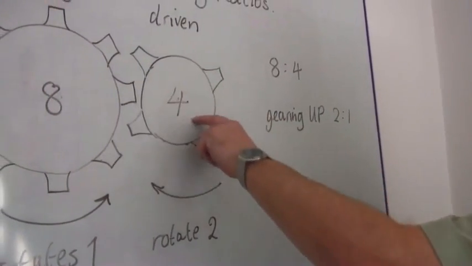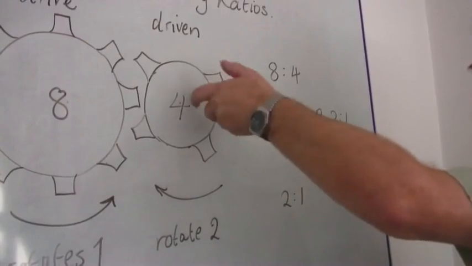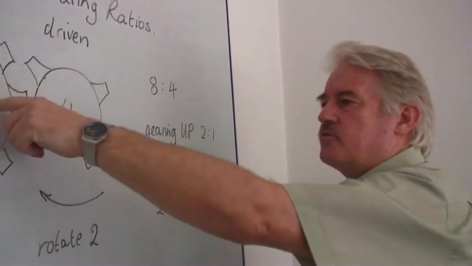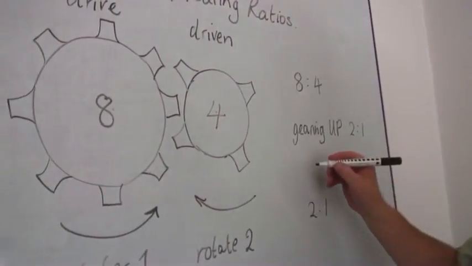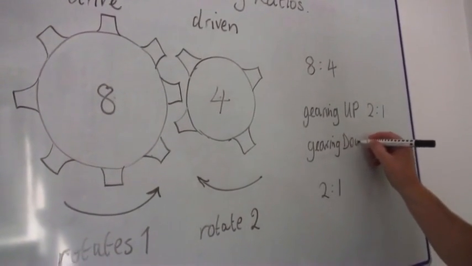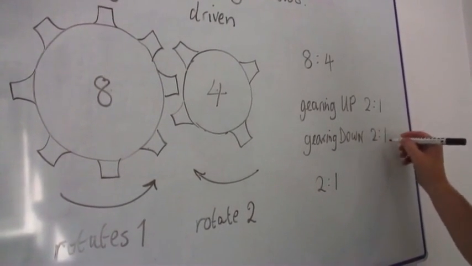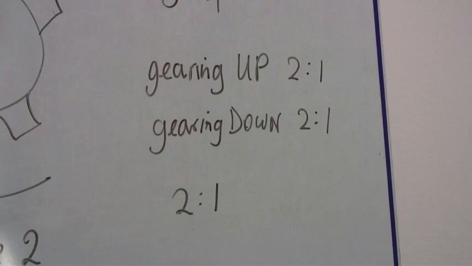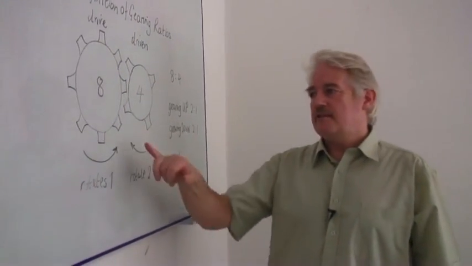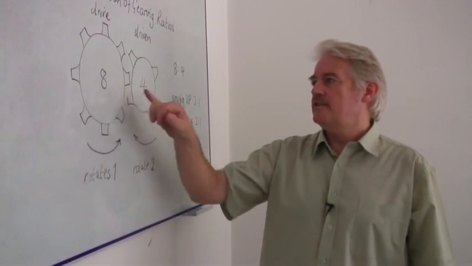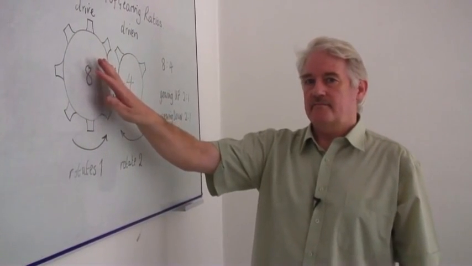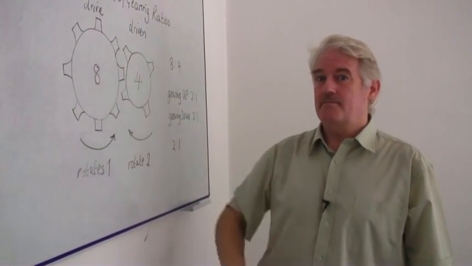However, if this was the drive gear, if this was the one I was turning, I will find that this one will turn slower, and then I would say a gearing down of 2 to 1. So don't get confused. We either gear up or we gear down. Whatever happens, it's the number of teeth on the wheel that tells me how fast one wheel will go compared to the other. It's very simple. Keep it simple.